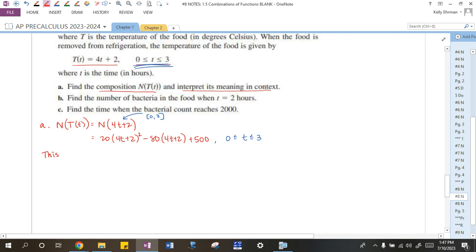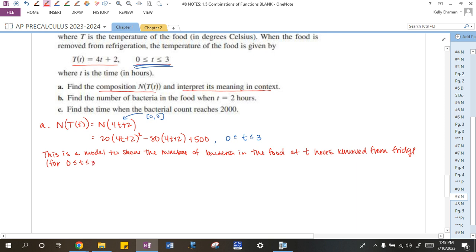So this is a model to show the number of bacteria in the food at t hours removed from the fridge. And I'm just going to say for 0 less than or equal to t, less than or equal to 3.